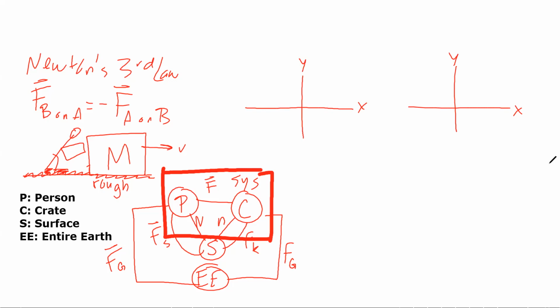So let's look at the crate. We've got the gravity. Be very careful with your notation: m sub c times g, and then an upward normal force, which in this case is the same. So that's N sub c.